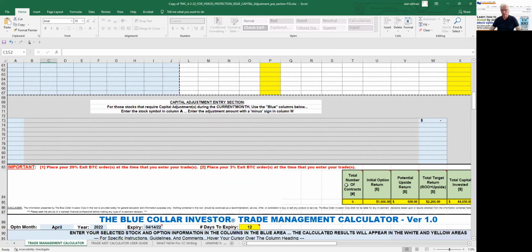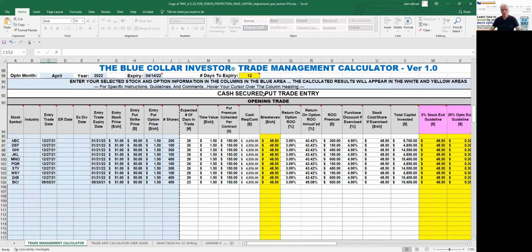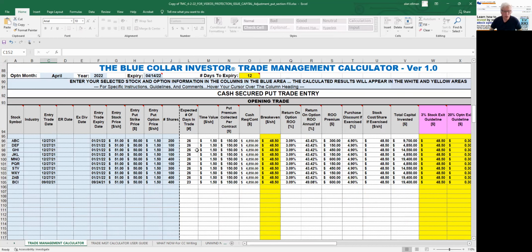Now, on the bottom right here, you can see a little bit of, in these green and yellow cells here, in section 2, which I'll show you when we go left to right, you'll also get calculations for the total portfolio. So that's coming up shortly. Now we continue to go down, and lo and behold, we have our cash secured put section. So the top half of this tool is dedicated to covered call writing, the lower half to selling cash secured puts.